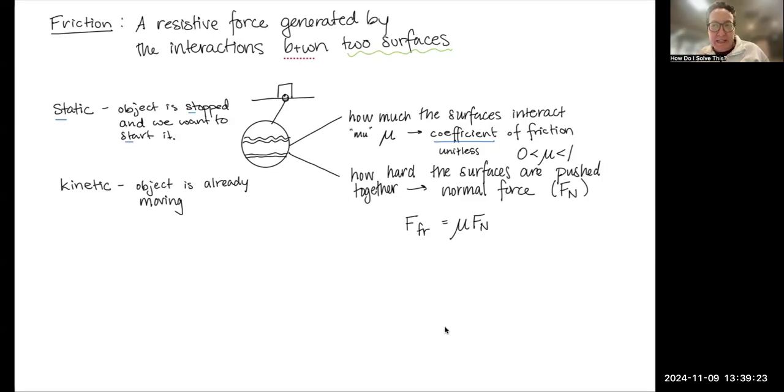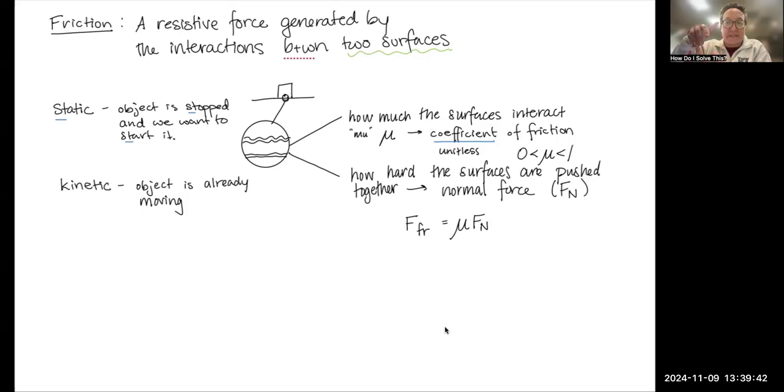And to explain this, it all goes back to the interactions between those two surfaces. If they're really tightly interlocked like this, to start an object moving, we have to separate them. And that takes a lot of energy. It takes a lot of force.